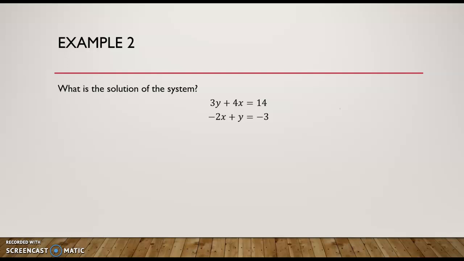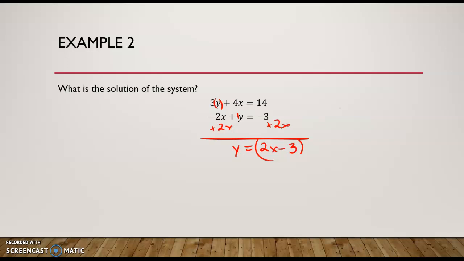On this one, we don't have one that's already solved for a variable, but this y is going to be the easiest one to solve for. So I'm going to add 2x to both sides, and I'm going to get y equals 2x minus 3. So now I have this equation that I'm going to plug into y up in the top equation.